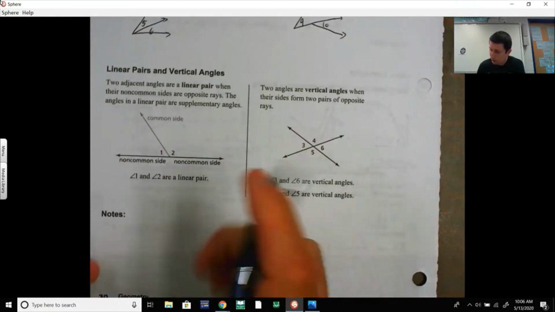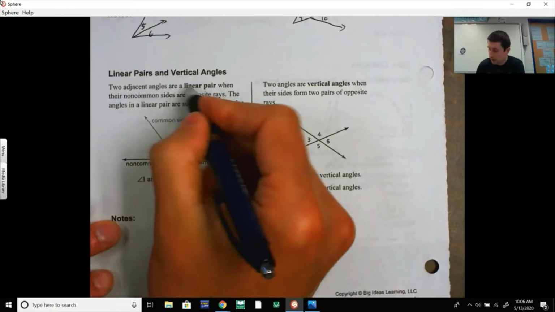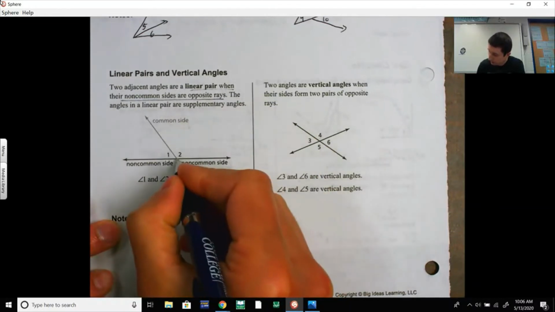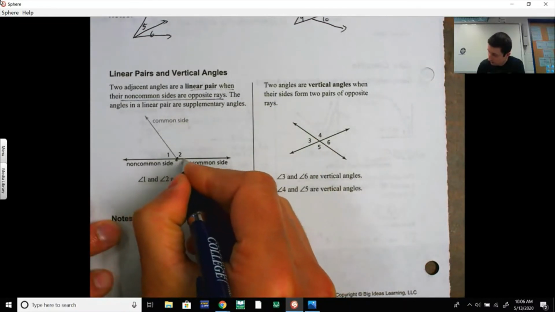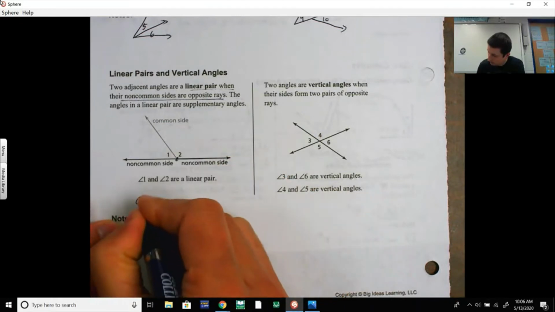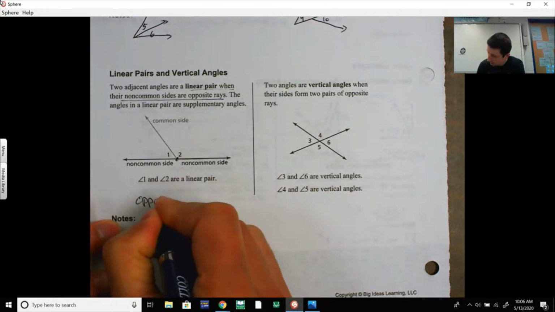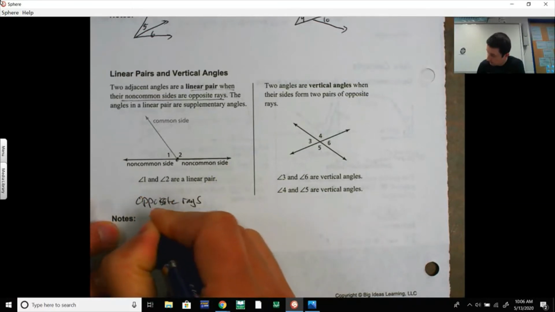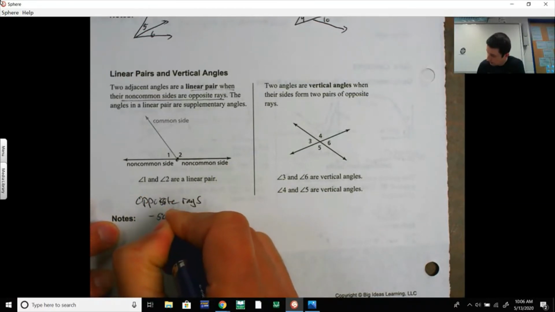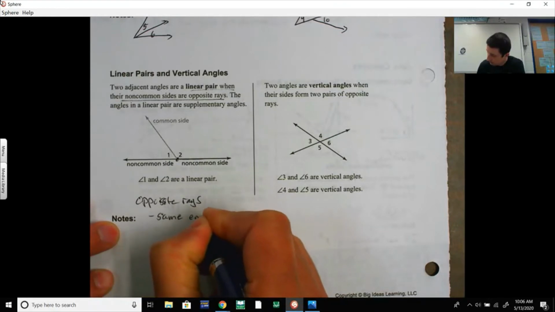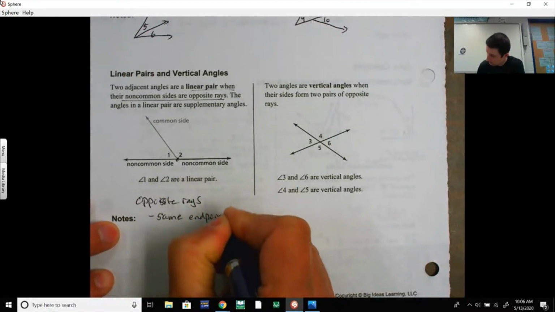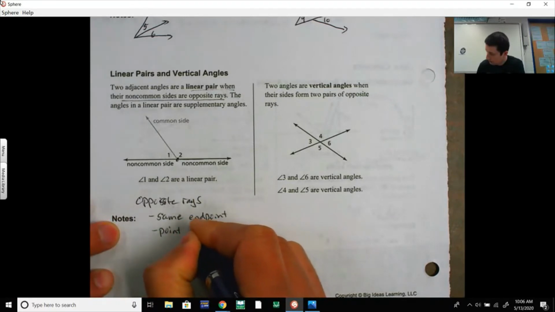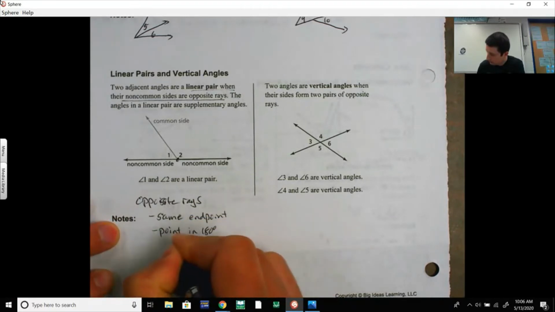Now, when you get two adjacent angles that are a linear pair, their non-common sides are opposite rays. So these right here are called opposite rays. They will have the same endpoint and point 180 degrees from each other.